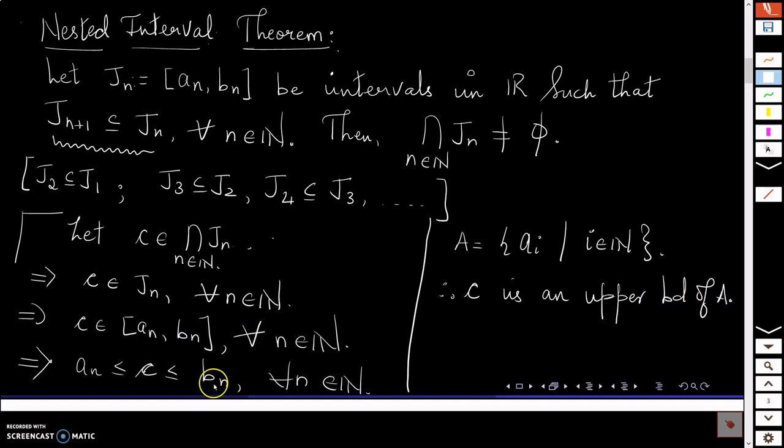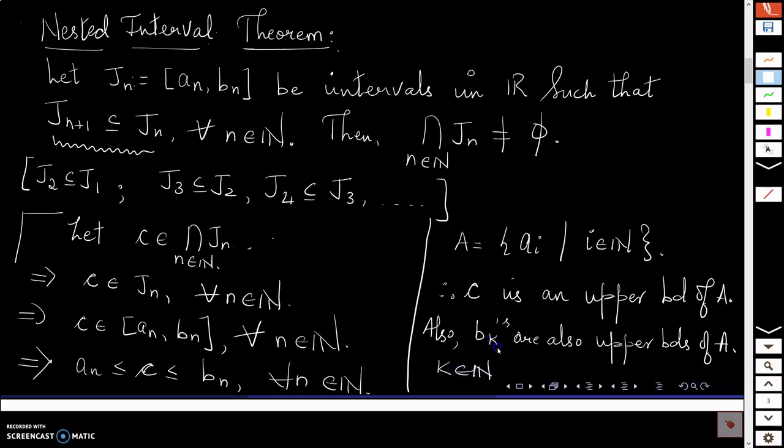Also, if you see, all bn's are also bigger than or equal to an's. That means all the bn's are also upper bounds of an's. So if I take bk's, they are also upper bounds of the set A. So I have C as an upper bound of the set A, and all the bk's, where k is a natural number.